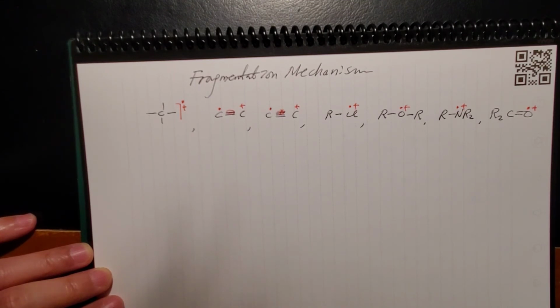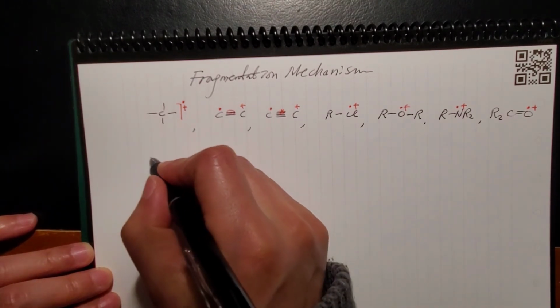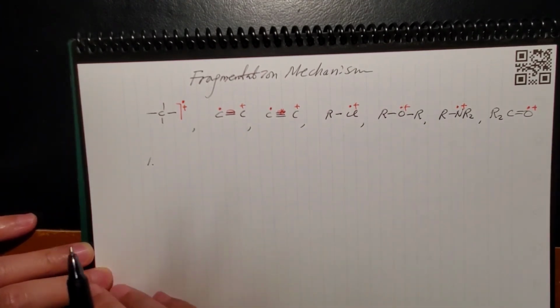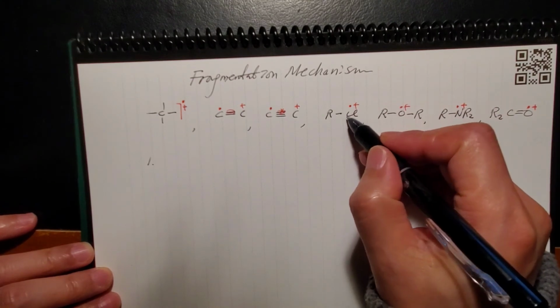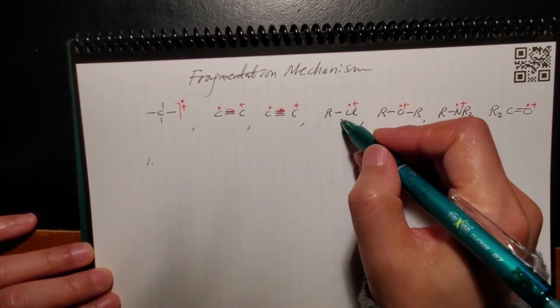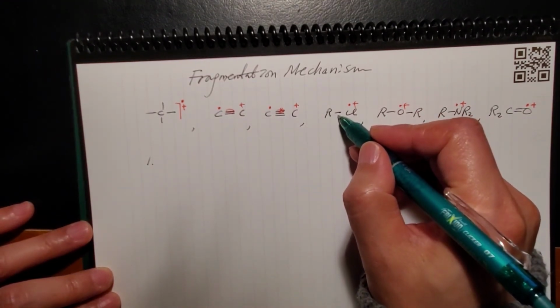So once you ionize them this way, you have to look into their fragmentation mechanism. There are a couple of types. Just like these cases, you can think of breaking off these leaving groups as positive ions, like water when you lose water in SN1.